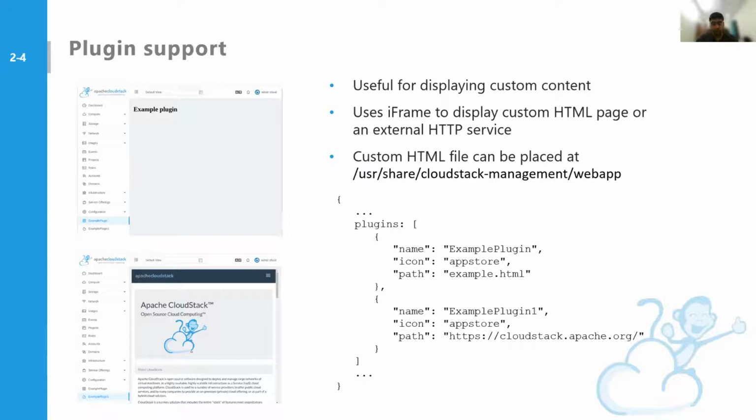For the path, it can be directly the HTML file's path, or our custom web service that can be showing some HTTP service to the users. This is similar to the old UI.